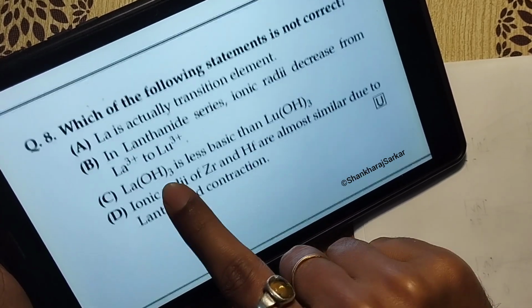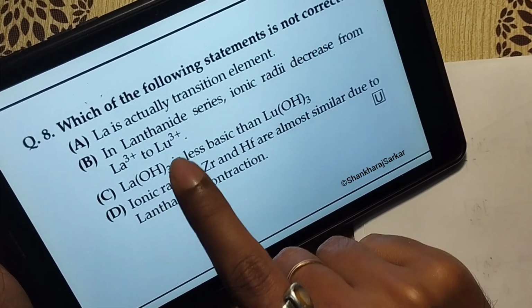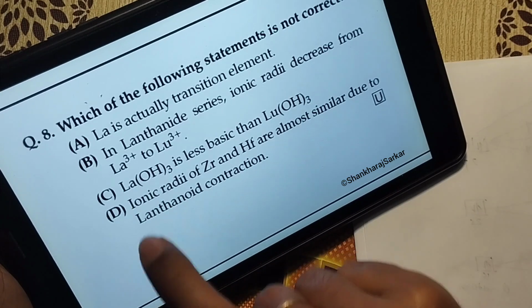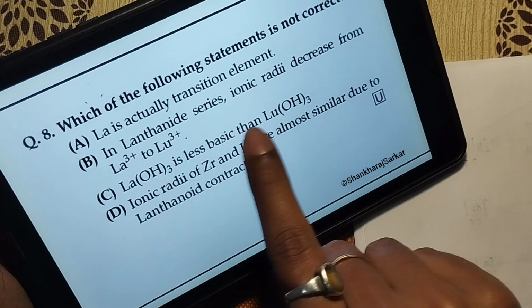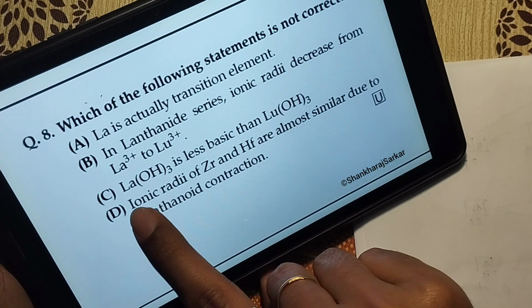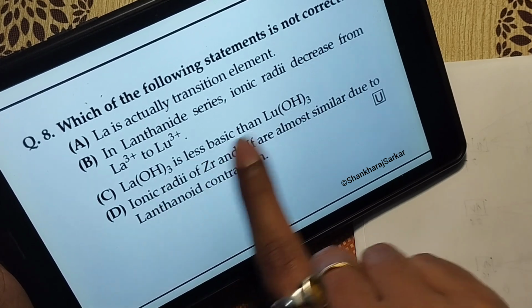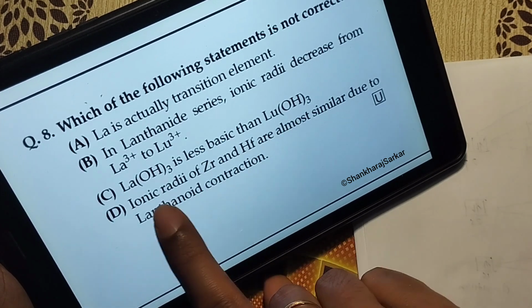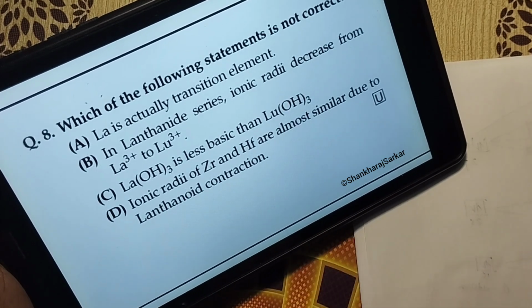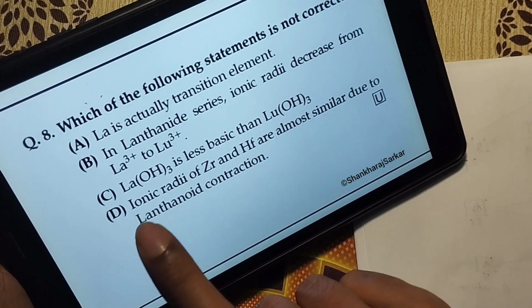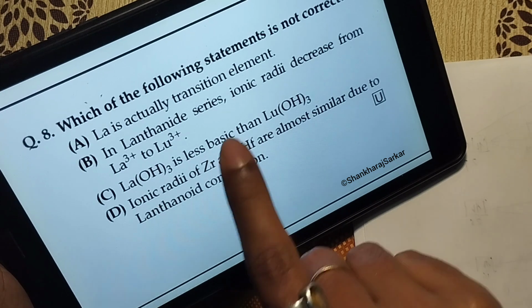Next question is, which of the following statements is not correct? If you carefully observe, option C says La(OH)3 is less basic than Lu(OH)3. That means lanthanum hydroxide is less basic than lutetium hydroxide, which is actually wrong, because we know that as we go from left to right in the lanthanide series, the basicity decreases.